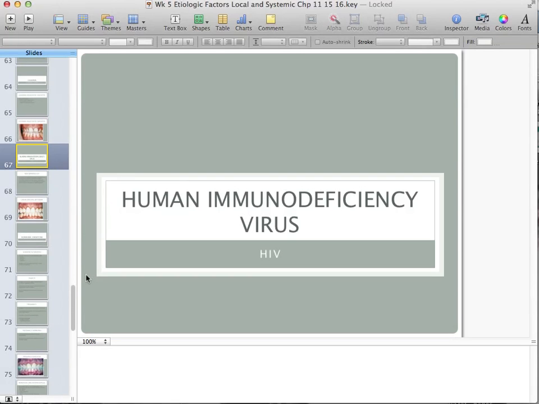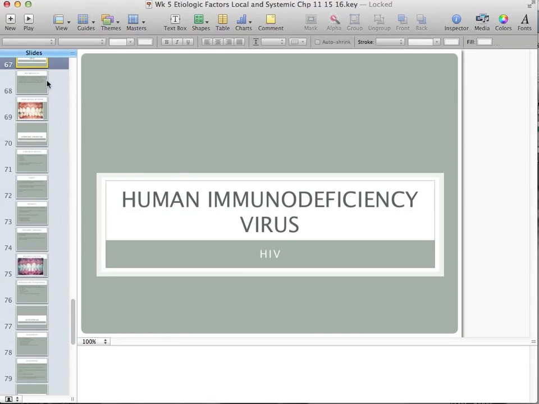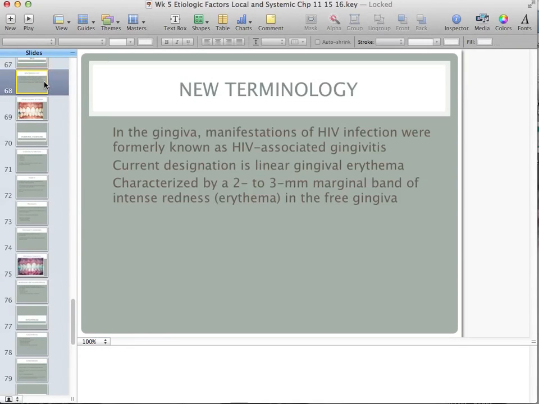Human immunodeficiency virus, HIV. So, in the gingiva, manifestations of HIV used to be known as HIV-associated gingivitis. That's no longer the term.